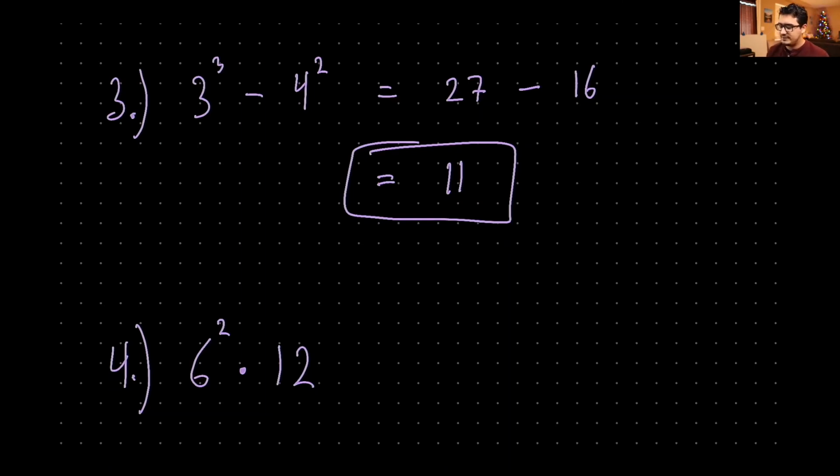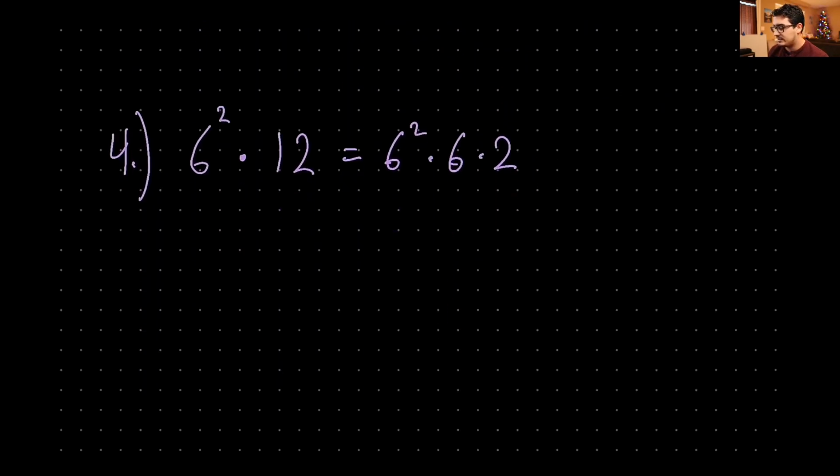Okay, so now let's go over what I did in example 2, but let's now just work with multiplication. So here I have 6 squared times 12, and I can just write that as 6 squared times 6 times 2 if I'm more comfortable with that.